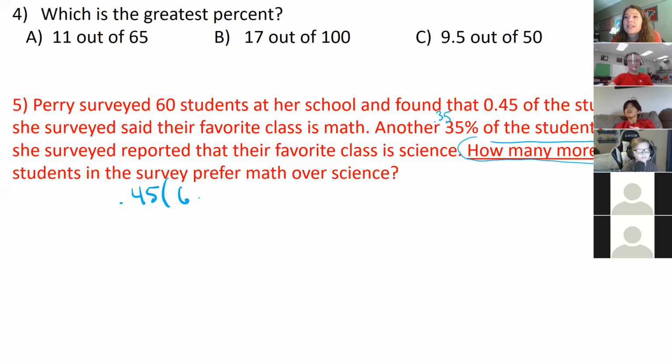I can't remember. Not, yeah, multiply by 60, right? Don't divide, don't divide to find percent. You always have to multiply to find the percent of a number. I'm typing it in my calculator right now. So 27 for the top one.